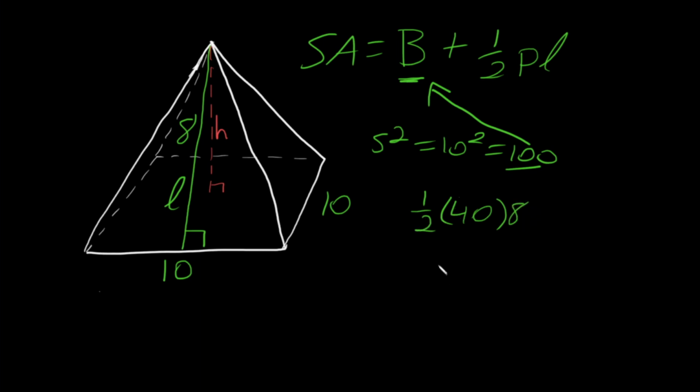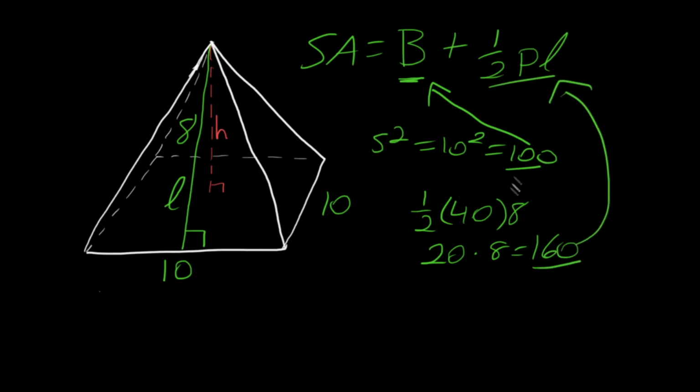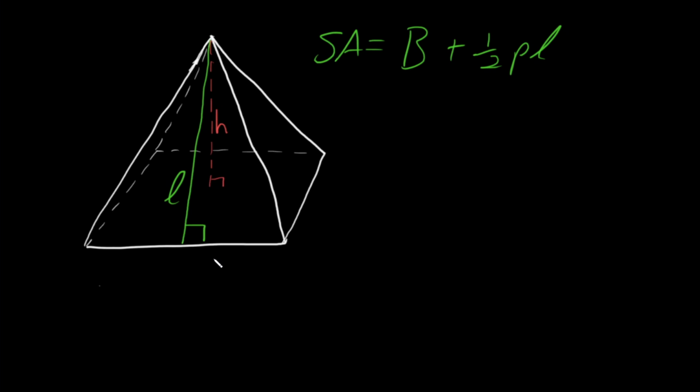So 1/2 times 40 would be 20, times our 8 equals 160. But don't forget, that's only the second portion of our formula. So we need to add the 160 to the 100, and we would end up with 260 units squared.